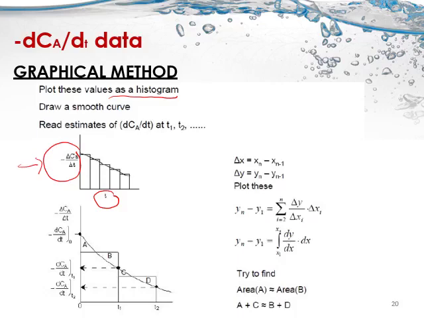Once you plot the histogram, you need to identify the area. If you look at these steps, delta x, delta y, plot this, then try to find area A, which is equal to area B. This is area A, this is area B. You need to identify the point here which is very close in terms of area.